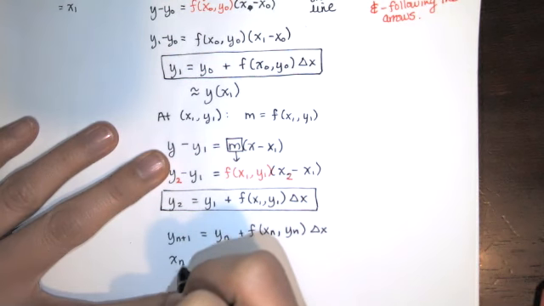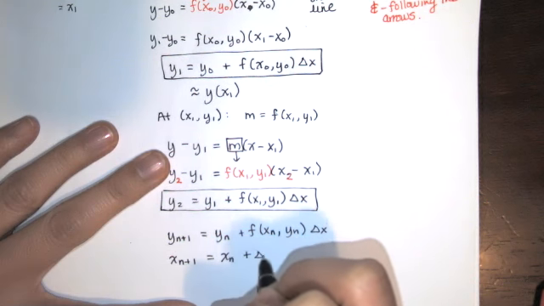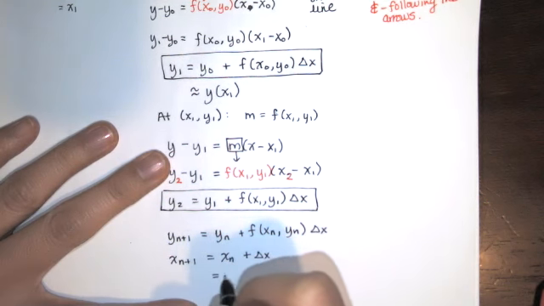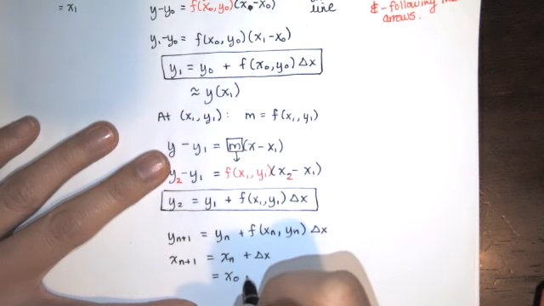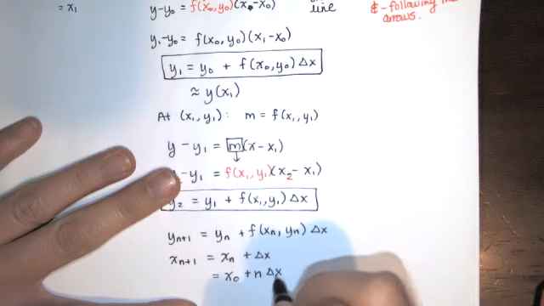And x sub n plus 1 is equal to the last x value plus delta x. Or if you prefer, you can say it's equal to that first x value plus n times delta x.